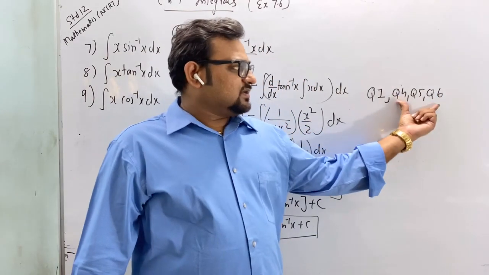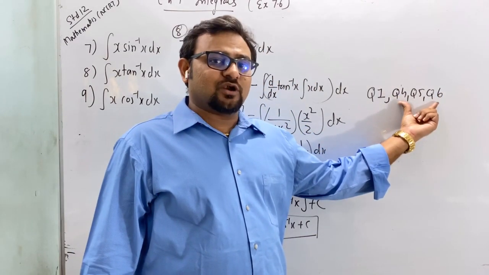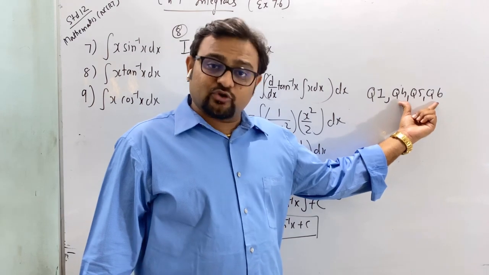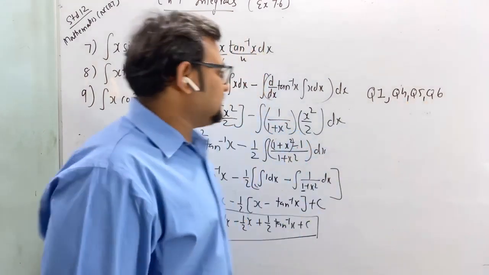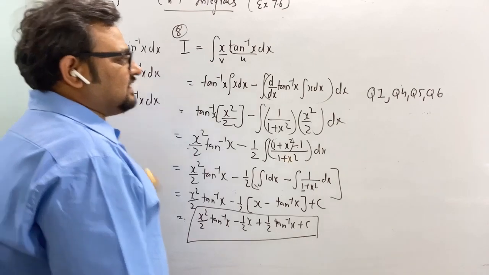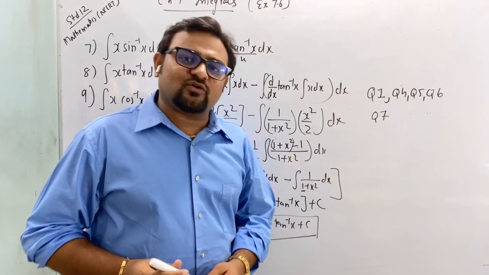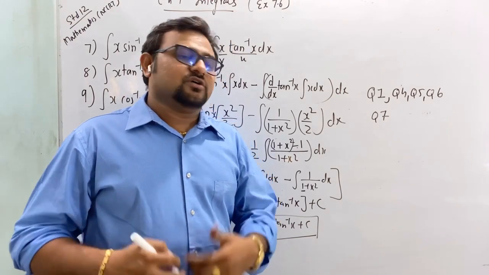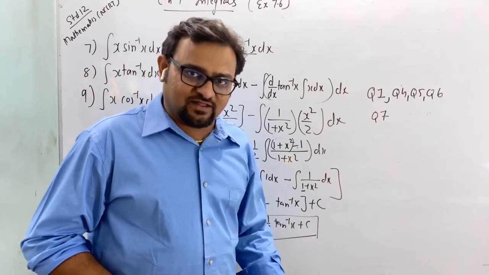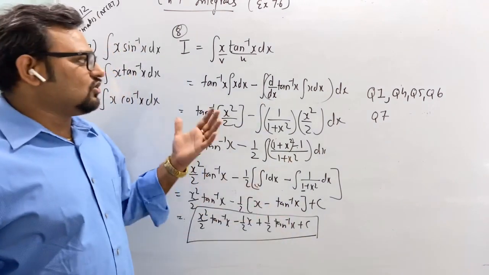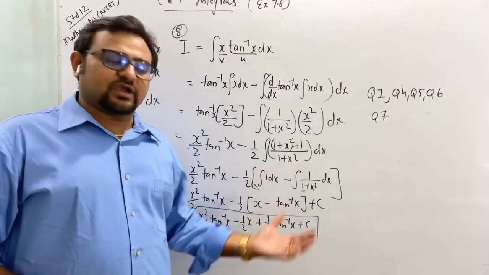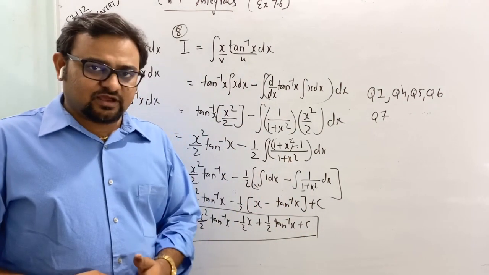All these three are similar. Based on these three, I have solved one extra sum. That also you have to note down. And from 7, 8, and 9, I have given you question 7. So these 5 questions you have to do by yourself. And another 4 questions that I have already solved, you can write from here. Clear?